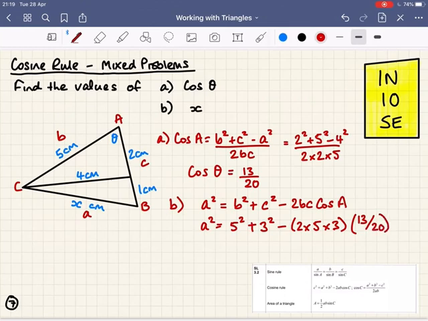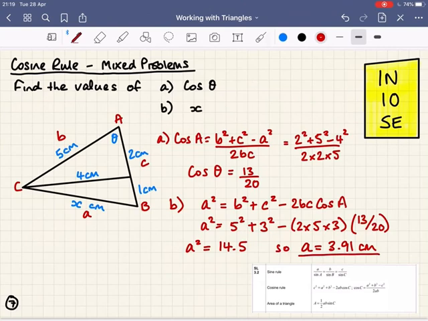So if I work that out in the calculator, a squared equals, that comes to 14.5. But of course, that's the value of a squared. So square rooting, a equals 3.91 centimetres. And sense check that against the triangle. Does that look sensible? Yes, it does. We're talking about sides of 5 and 3, so 3.91 looks eminently sensible.